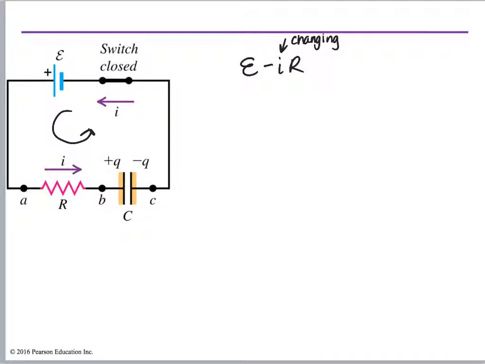And then the potential across the capacitor is Q over C. The current is the derivative of charge with respect to time, equals 0. And essentially what we have is a differential equation. So we're going to separate variables to solve this.